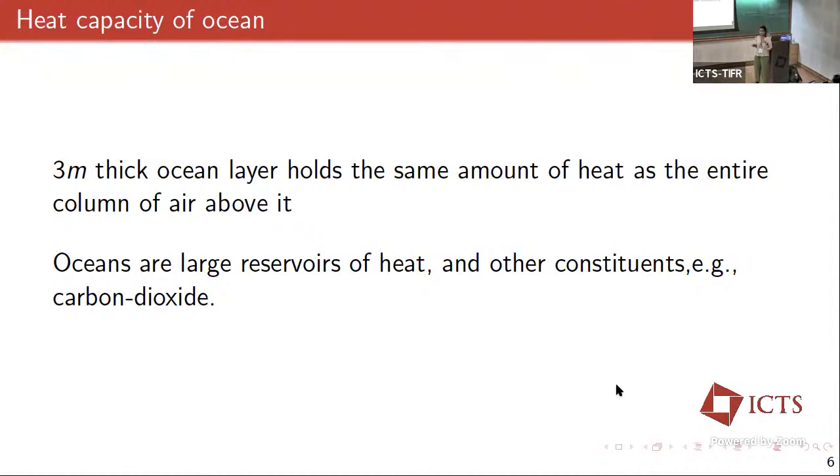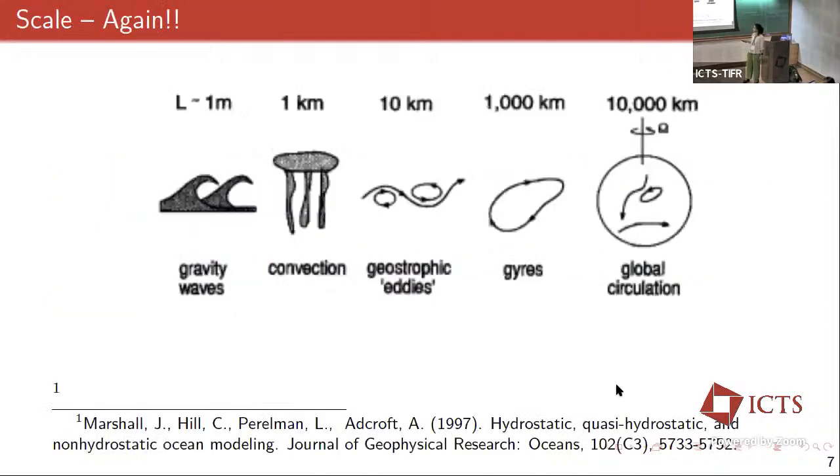So you just need an ocean layer which is 3 meters thick and it has the same amount of heat content. Many other speakers before me already talked about carbon dioxide, the anthropogenic carbon dioxide and other elements. Thus we know that the ocean contributes a very important part to global warming studies because it is a large reservoir of heat and carbon dioxide.